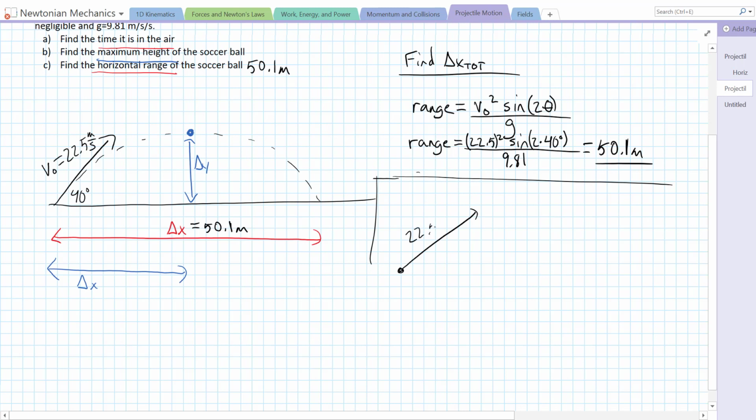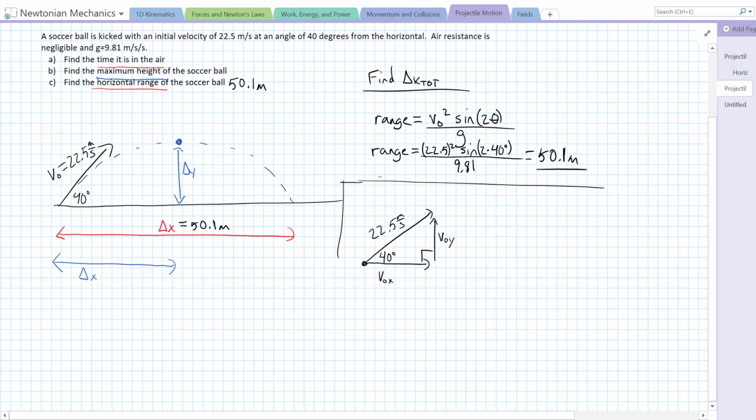It's 22.5 meters per second, which means the x component of our velocity is here, v naught x, and the y component of our initial velocity is here, v naught y. This is 40 degrees. We can use trig to solve for v naught x and v naught y. V naught x, which is just vx, because it's a constant velocity in the x direction, is going to be 22.5 times cos of 40 degrees, which is 17.2 meters per second.